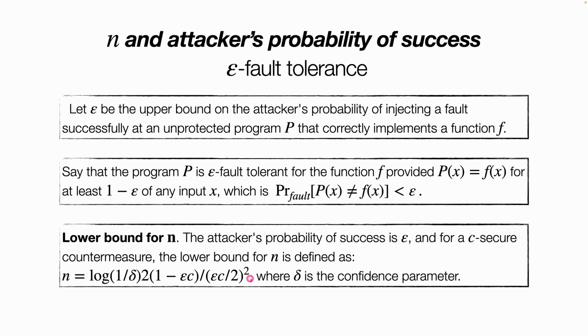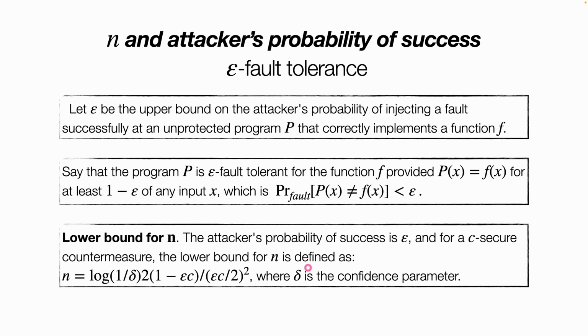The proof uses a chain of bounds to derive this equation for n. The formulation relies on epsilon and the confidence parameter. Although this is a theoretical conservative bound, in practice we achieved good results with smaller n's. So basically this N is a prior about the attacker's probability of injecting a fault successfully, right?